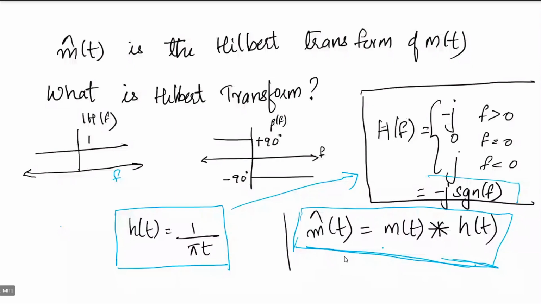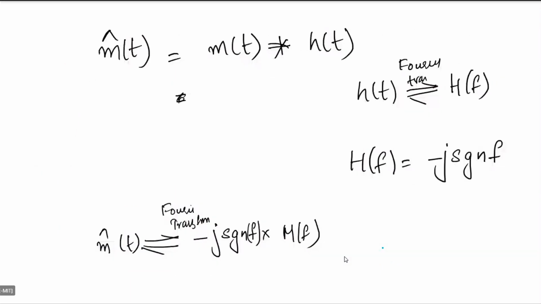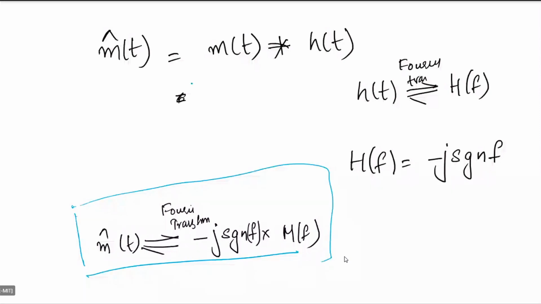What the significance is, is not needed too much. It is a transform, a complex transform actually. So M hat t is M of t convolution h of t, and the Fourier transform of M hat t follows from the convolution property of the Fourier transform.